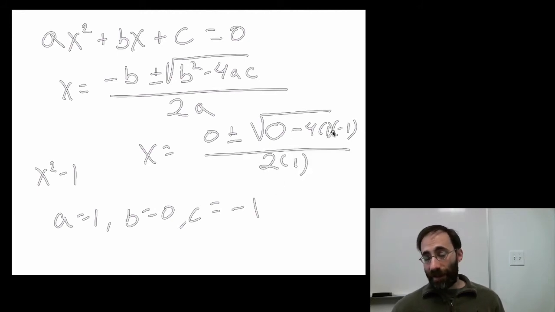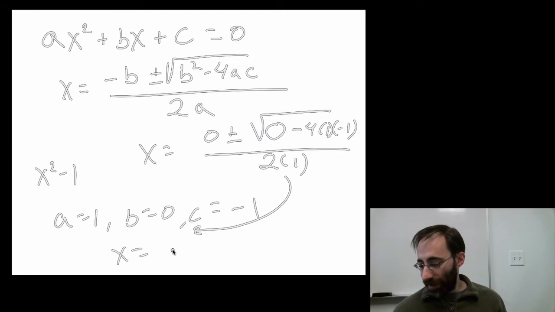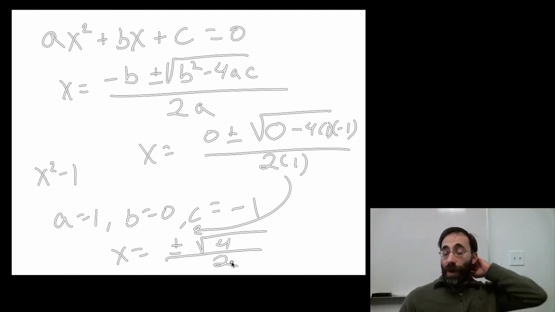Negative times negative is a positive. So we get x equals 0 plus or minus the square root of 4 divided by 2.